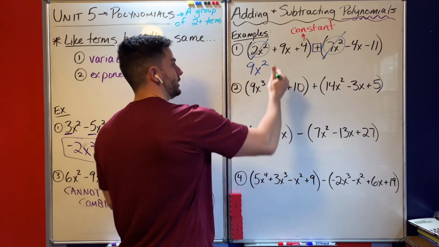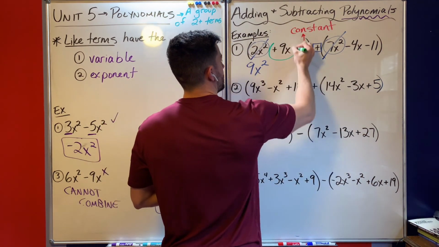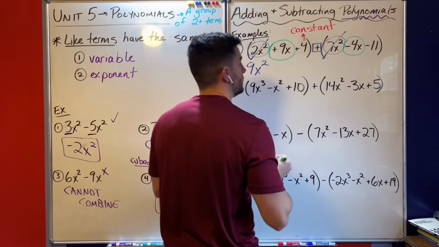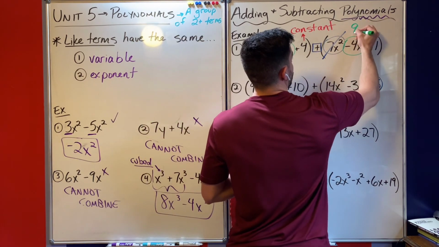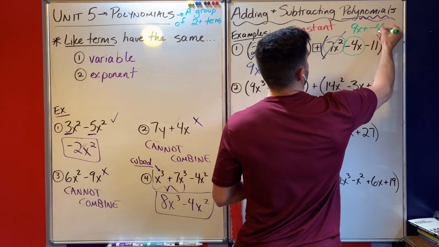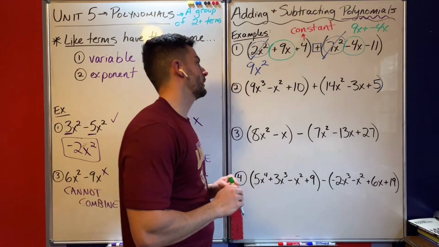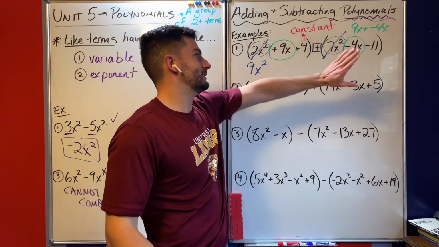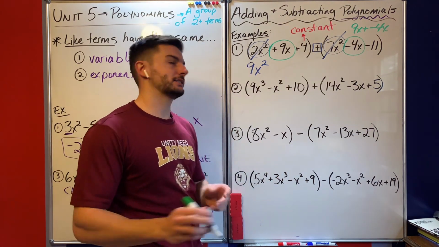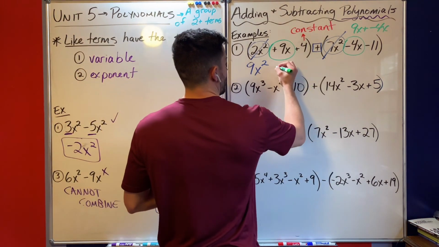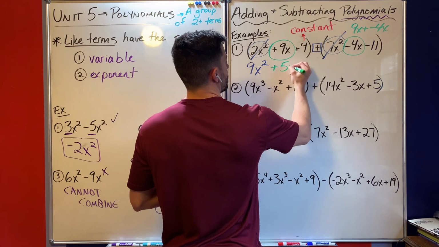The math I'm doing is adding positive 9 plus negative 4, 9x plus negative 4x. Plus negative 4 is another way of saying minus, so 9x minus 4x. Either way you do it, you end up with a positive 5x.